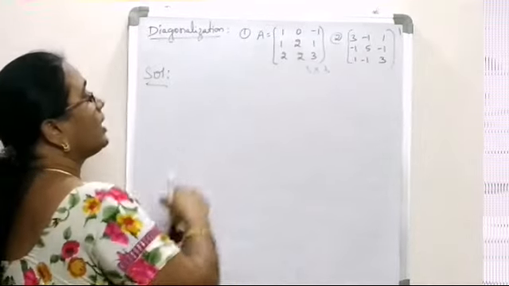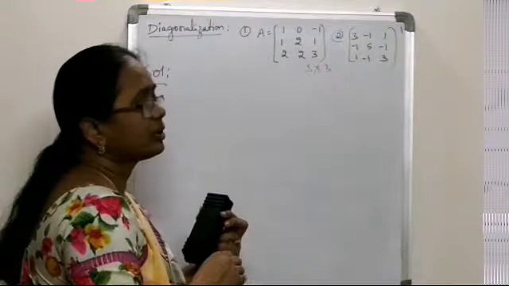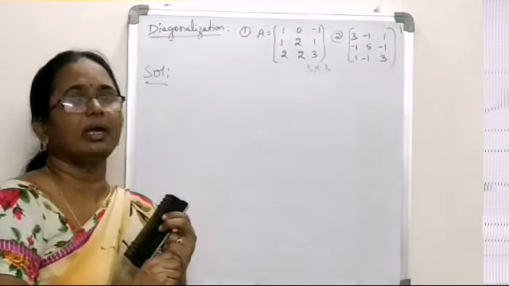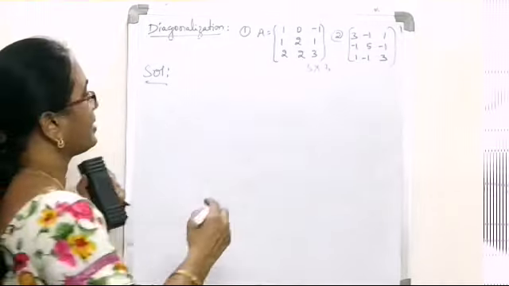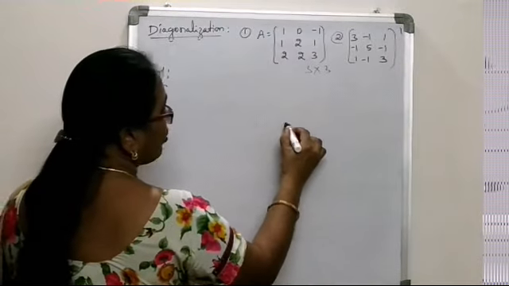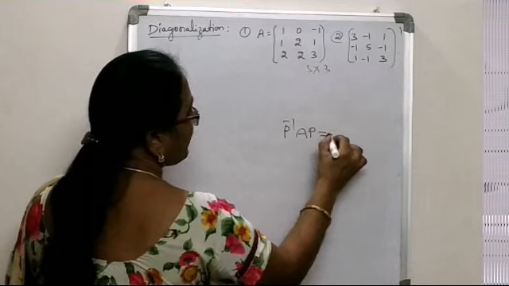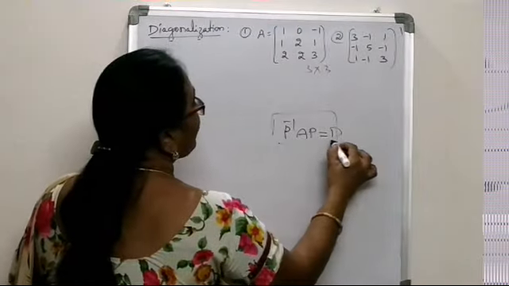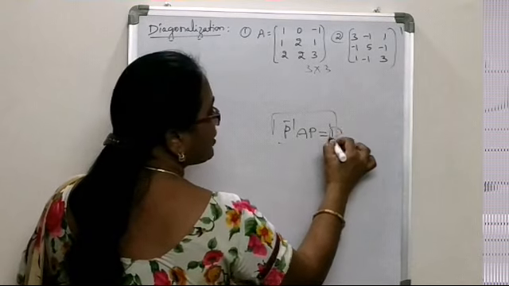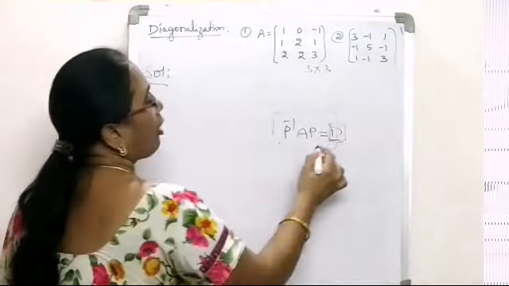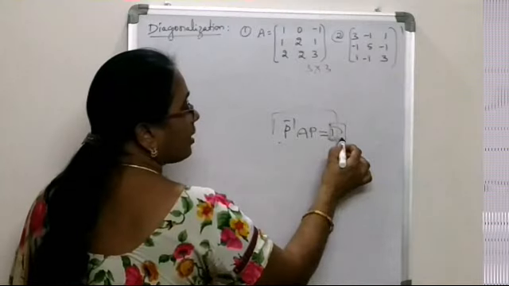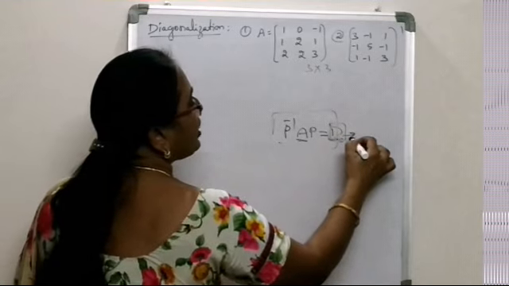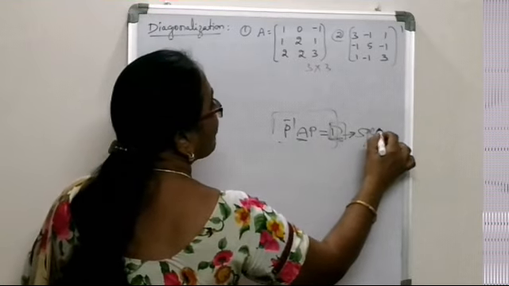And before we solve the given question, let me introduce two important terms, the important terminology related to this process of diagonalization. As we told just now, the similarity transformation is P inverse AP equal to D. In this expression, the right hand side matrix D, which is a diagonal matrix, will always contain the diagonal elements as the eigenvalues of A, and the matrix D is called the spectral matrix.